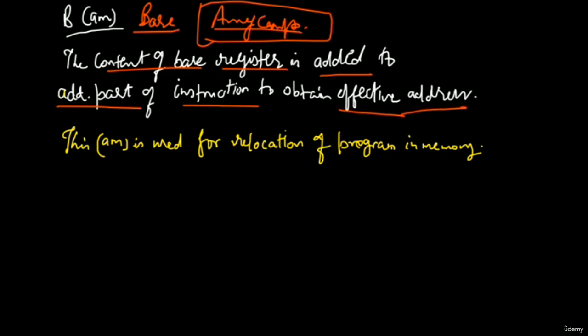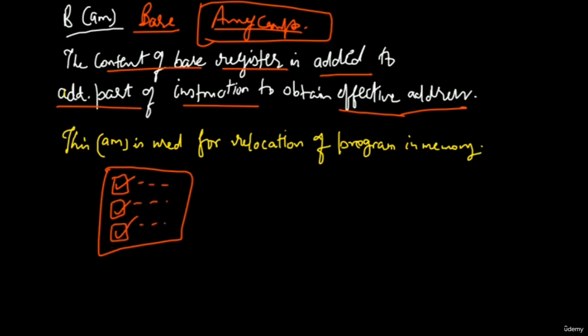Like there is a list of all the students in your class, and the teacher ticks or marks present and absent in front of the names of the students, and that is going to tell us who is absent. So the classroom is the base camp in this case. This addressing mode is used for the relocation of program in memory.